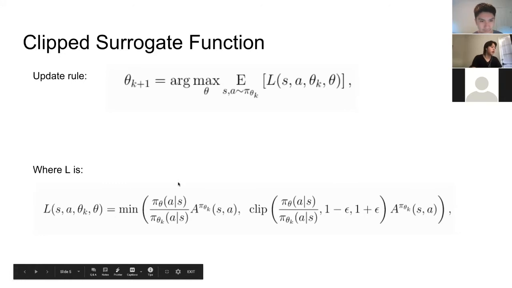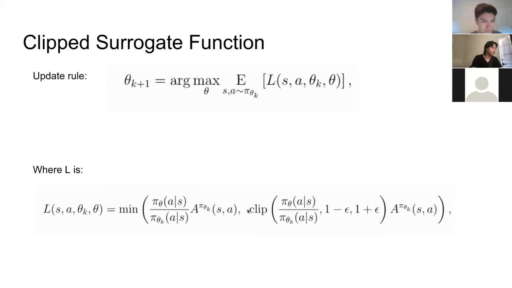Okay, now to break this down, I know it's a lot of weird symbols, but the idea is we have two parts in our function. We have a ratio right here, and we have an advantage function. The ratio tells us how much more or less probable our actions are in the next time step versus the current time step.